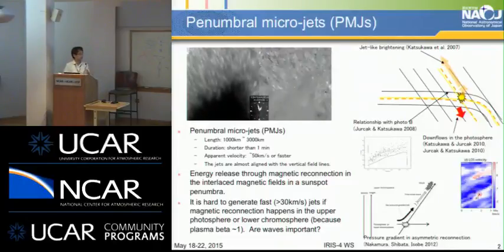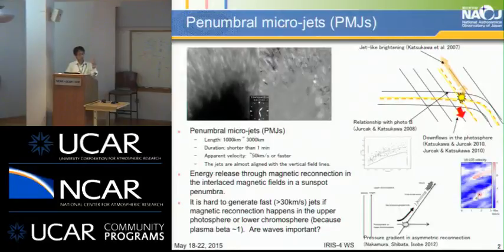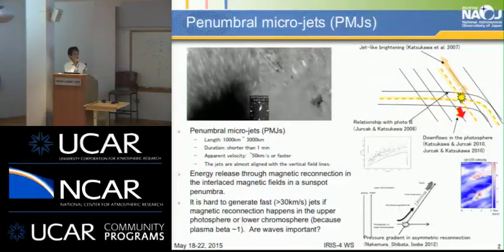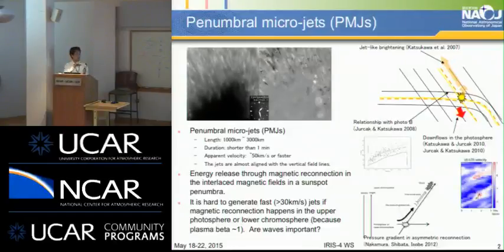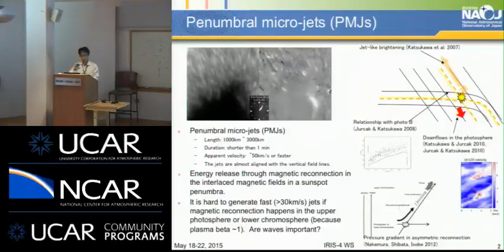So it's hard to generate a very fast speed if reconnection happens in the lower chromosphere. Some people think that waves are important to drive the high-speed jet in the relatively upper chromosphere, so energy should be carried from the lower atmosphere to the upper atmosphere by some waves. That is one interpretation to drive such high-speed jets.